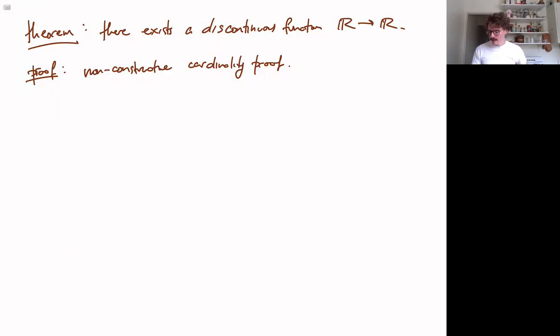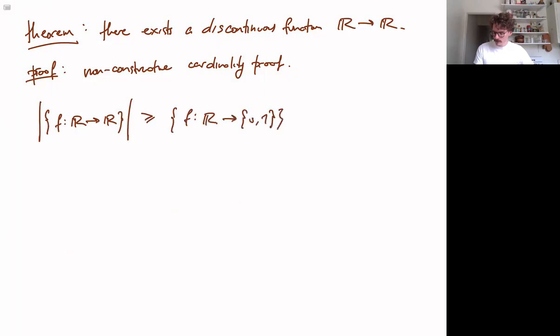So the idea is, we've seen this kind of thing before, consider the set of functions from the real numbers to the real numbers, and let's think about the cardinality of this set. Well, we get at most that many functions by limiting the codomain. So we have this inequality.